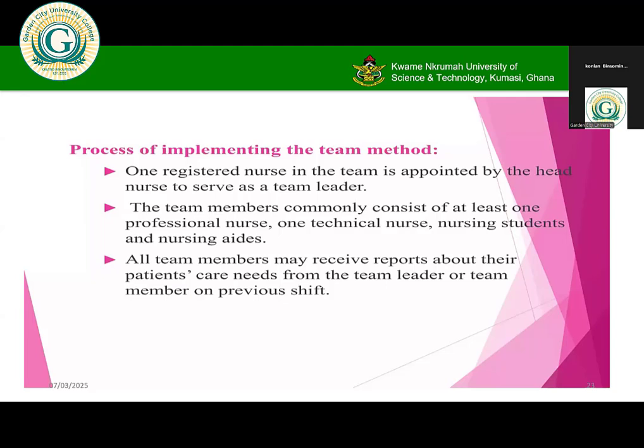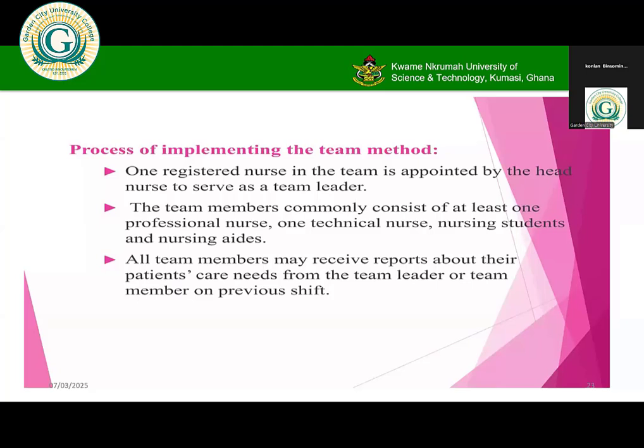So with team nursing, as I said, it refers to a group of staff who work together as a team and share responsibility for the care of what? A specific group of what? Patients.